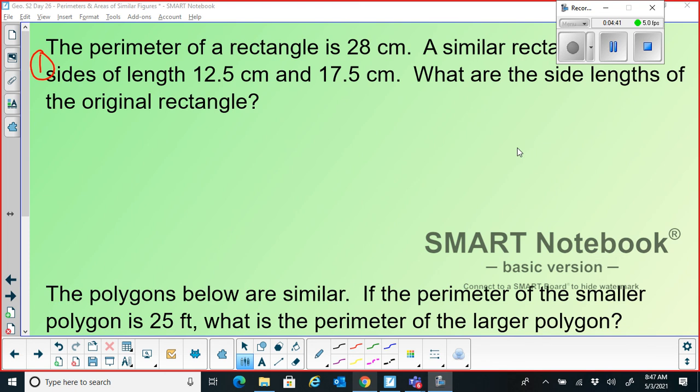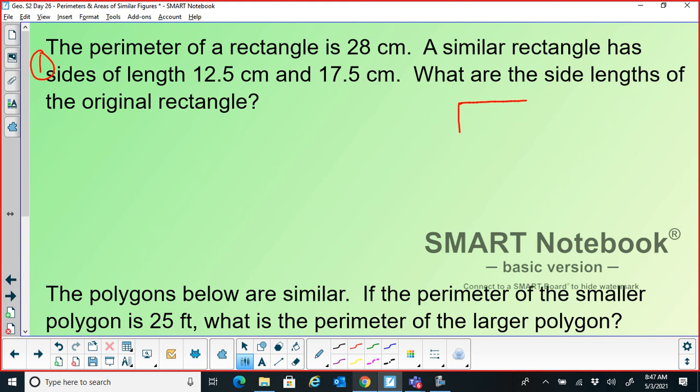Okay, let's construct both the rectangles. First of all, let's try to draw those rectangles. That will help us. In the first rectangle, I don't have the length, I don't have the width, but I have the perimeter of this particular rectangle, 28 centimeters.